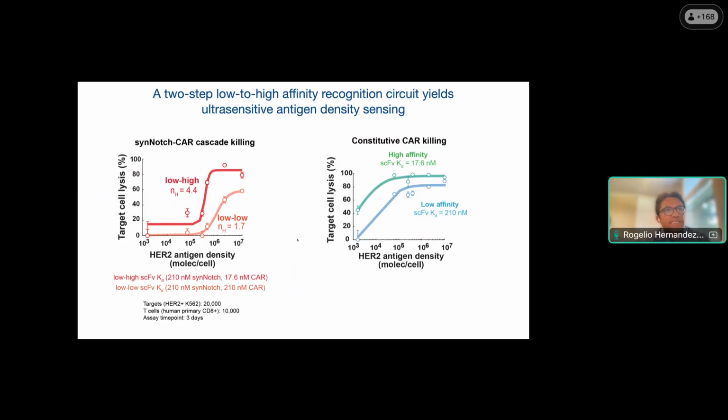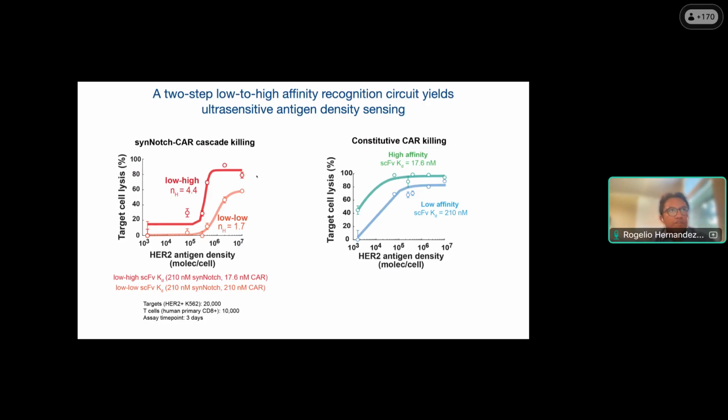So we have tested this in a variety of tumor models, but I'm showing you just a few experiments. For example, we created a set of cancer lines that have different levels of antigens, and some of them mimic what you will find in ovarian and breast cancer, and we also have some lines that express very low levels, such as those that you will find in normal tissues.